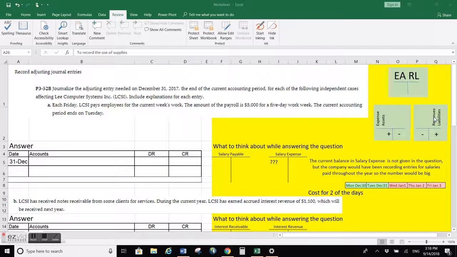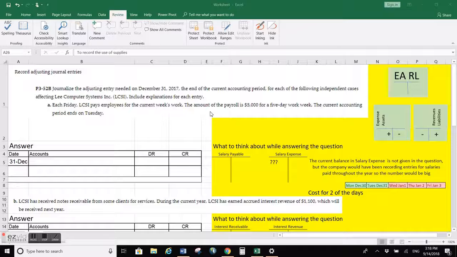All right, so let's proceed with the first part of this question. One thing to note is the date. All the entries are going to be December 31st. It's also really important to note the time period in many of these questions. This question's a little bit funky. It just says for the accounting period, but when we get down into the question, you'll see that it's for the year.